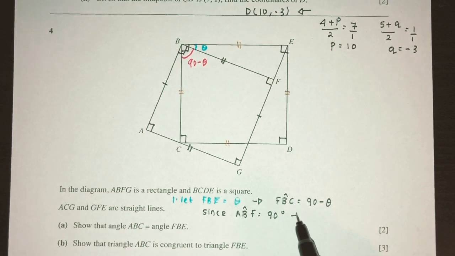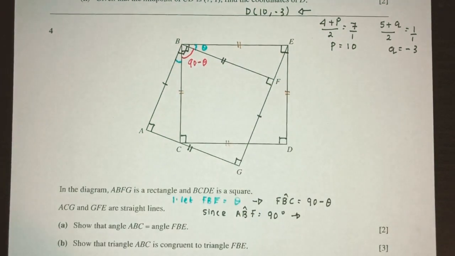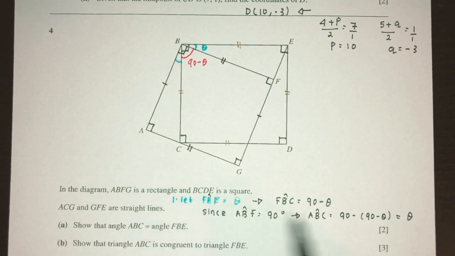So this means angle ABC will have to be 90 minus (90 minus theta), which is equal to theta. So basically in the end, FBE is equal to ABC, theta, theta. This is shown as required.